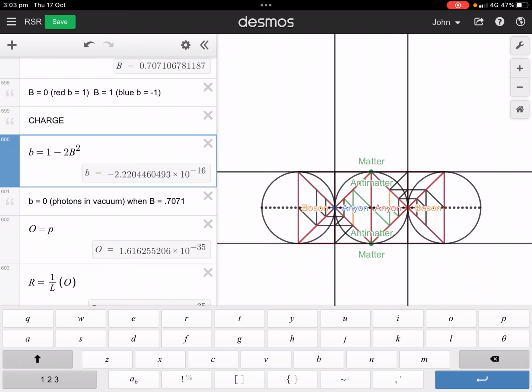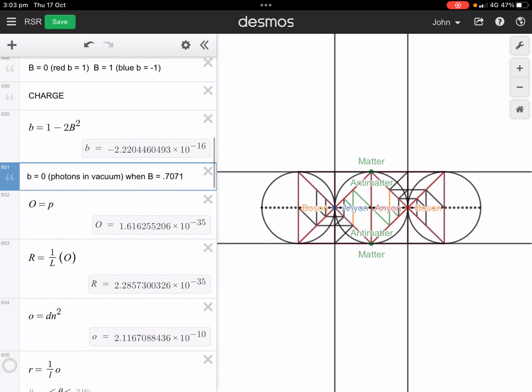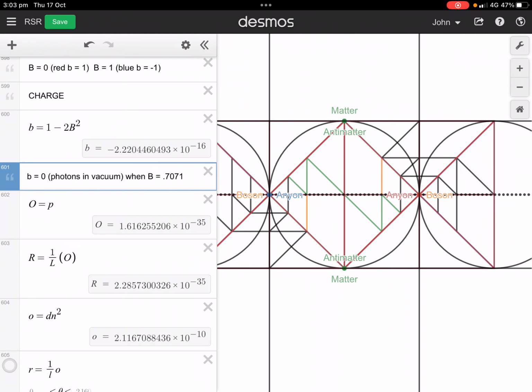Don't be fooled by that negative 2.22 times 10 to the negative 16, because obviously the square root of 0.5 squared is 0.5, and 2 times 0.5 is 1, so 1 minus 1 is 0. So you can be sure that b is 0 at the moment. And also, using the geometry, you can see that there's no b.